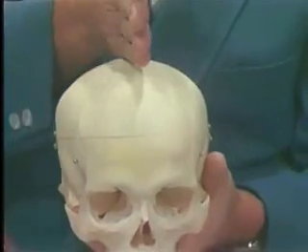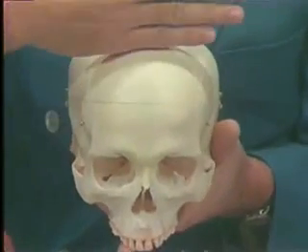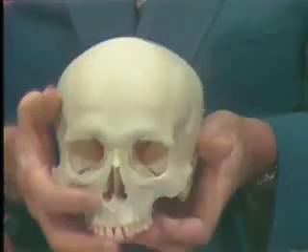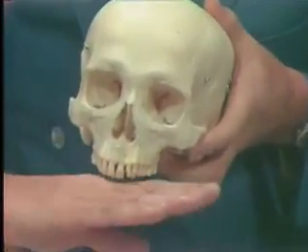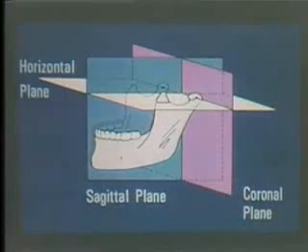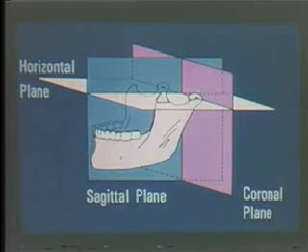So we'd have the mid-sagittal plane, the coronal plane, which if moved forward we talk about as the frontal plane, and then we would have the horizontal plane. Okay. Now the schematic drawing that you have before you shows the various planes in which the mandible will move, and it doesn't move in just one plane at a time, but moves simultaneously in all of the planes.